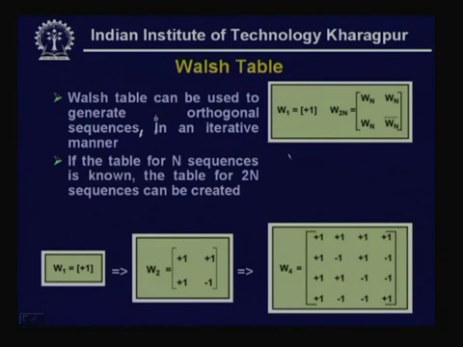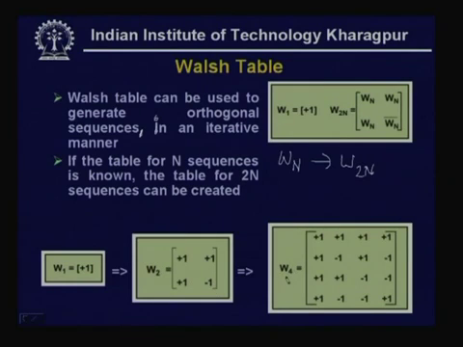If Wn can be used to generate W2n, how do you generate it? W2n is generated from Wn by putting Wn, Wn, Wn and Wn bar. For example, W1 is +1 and W2 is obtained by substituting W1, W1, W1 and W1 bar. That means +1, +1, +1 and -1.